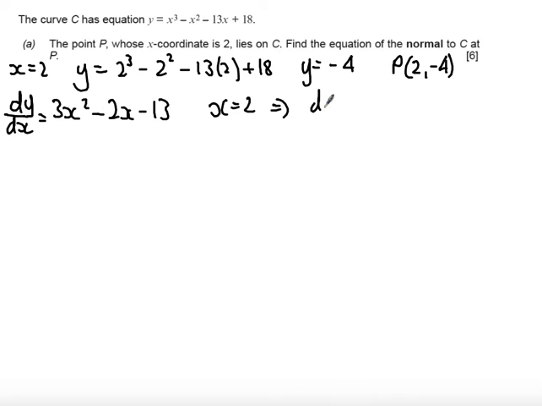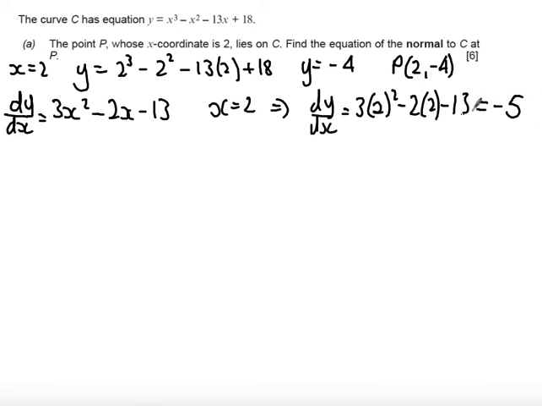So dy by dx is 3 lots of 2 squared minus 2 lots of 2 minus 13. So I get 12 minus 4 minus 13. So I get 12 minus 17. Dy by dx is minus 5.